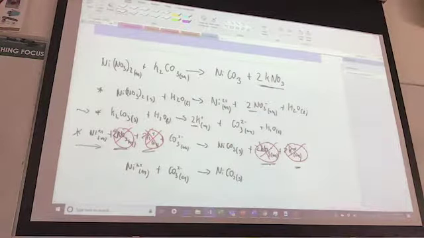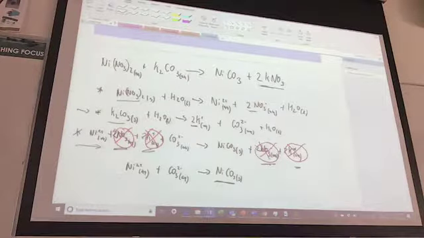Okay? Yep. So how do you know that the nitrate and the potassium are spectator ions? Okay, I know that they're spectator ions because when we put the 2 solutions together, the solution which has got nickel nitrate and potassium carbonate in them, a reaction occurs, and the reaction produces a precipitate, a solid, which is nickel carbonate.